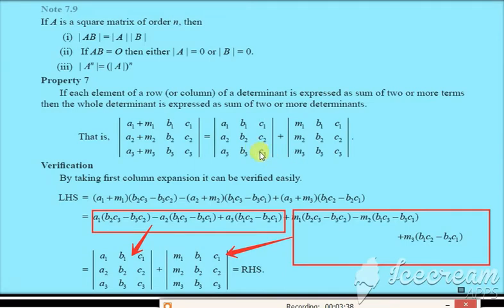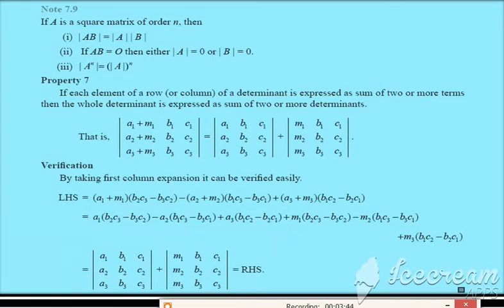That is this property. Okay, the next property is property number 8.